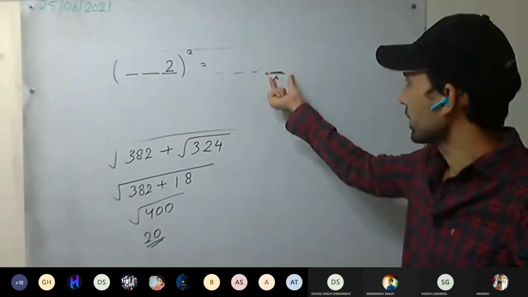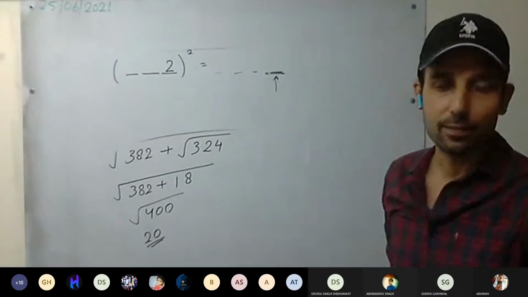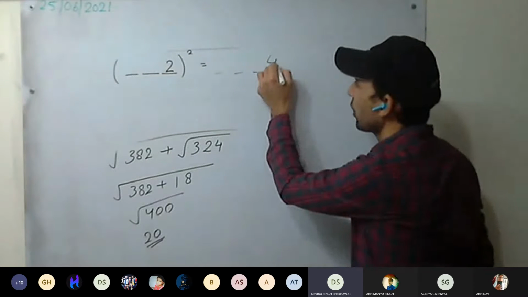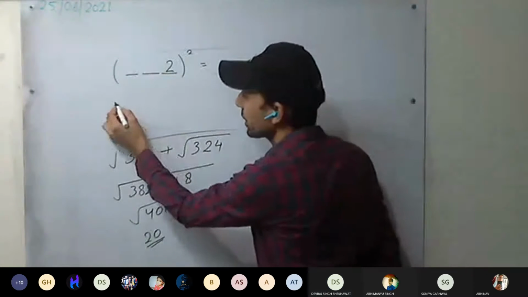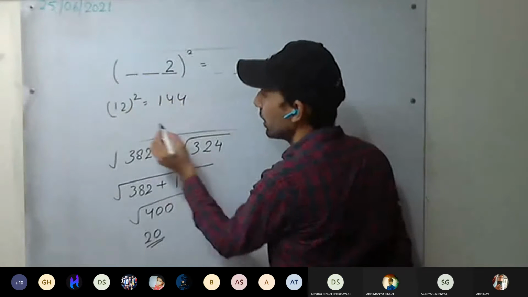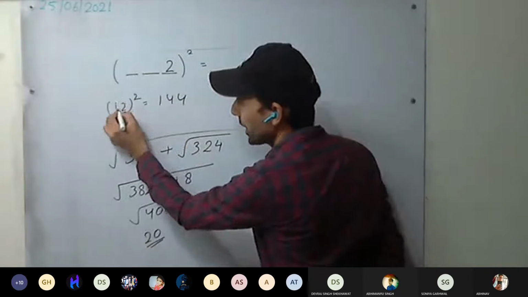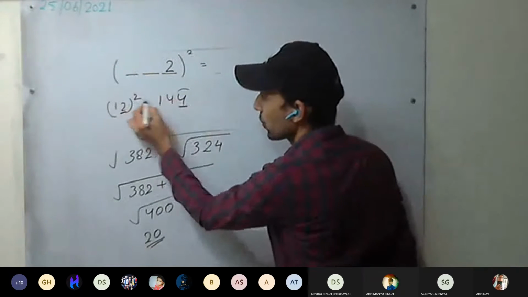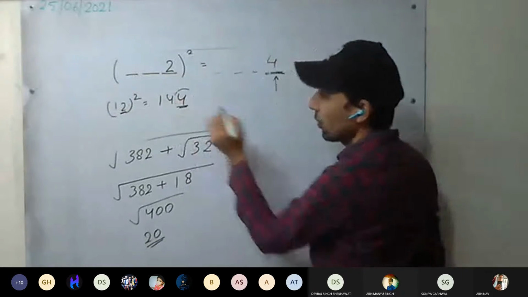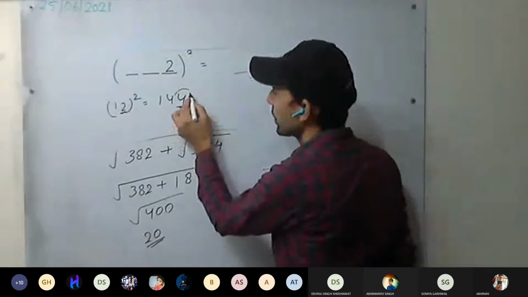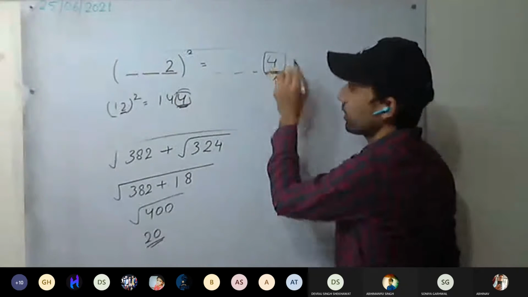What will be this digit? 4. Why, how did you get it? See here, take any number, 12. Make it square: 144. Here the number ends in 2 and the unit digit of its square is 4. You can take any such number ending in 2, you always get unit digit 4.